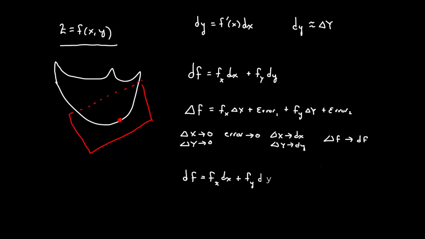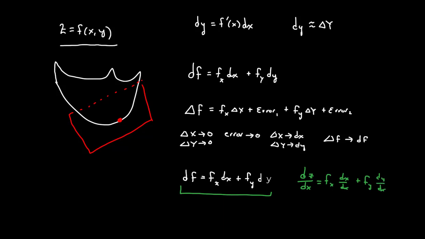And this looks a lot like the chain rule that we discussed. So if I wanted to find dz with respect to x, then we can think of that as fx times dx dx plus fy times dy dx.